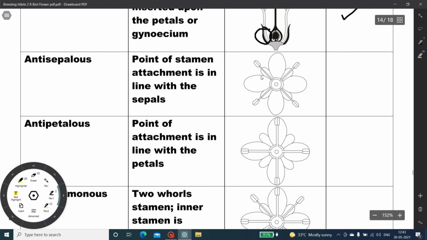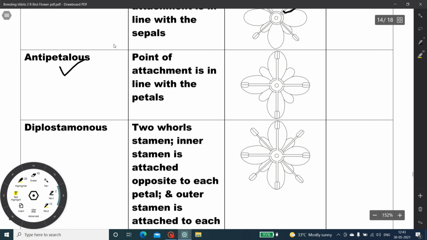Antisepalous: the point of attachment of the stamens is in line with the sepals. These are all the sepals, and the stamens are positioned in line with the sepals. Antipetalous: the point of attachment is in line with the petals. This is the petal, and the stamens are attached in line with the petals.